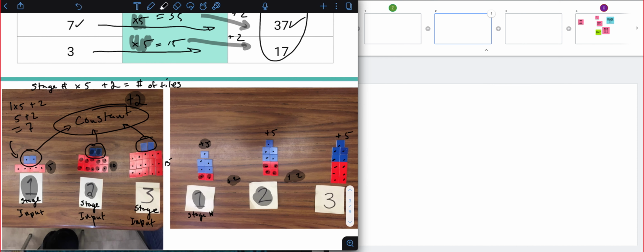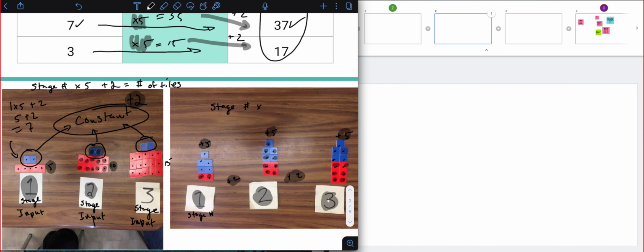Okay. And then we do the next one. Stage 2 times 2, there's 4 red tiles, plus the original 5, or the constant 5. Right? And then we do it again. 3 times the 2 should be 6, plus the original 5.